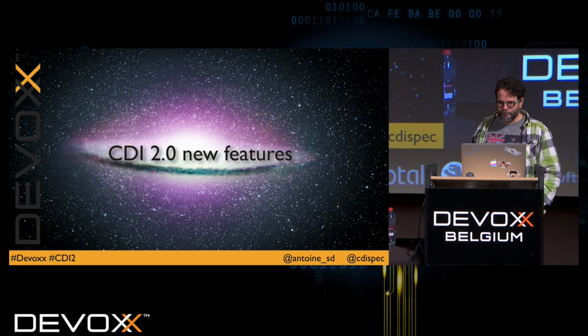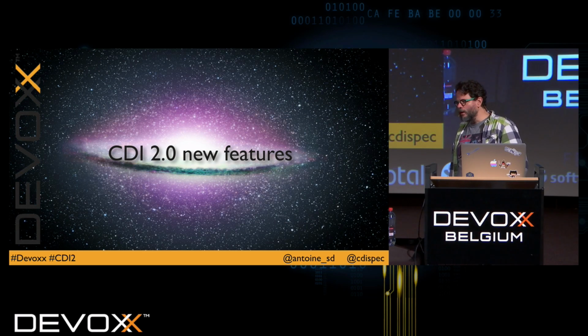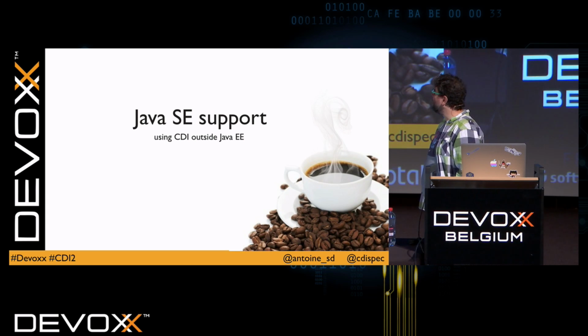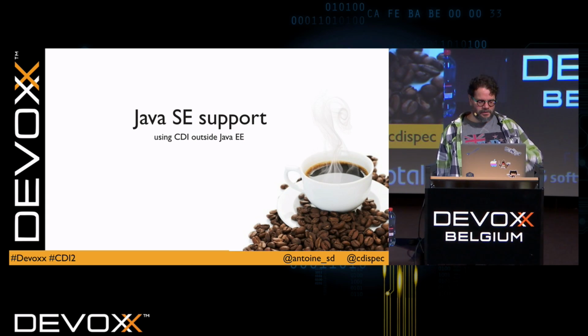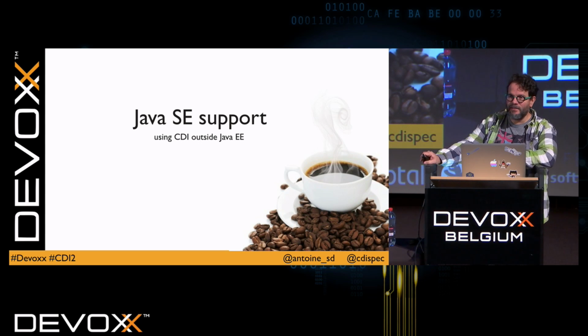Let's talk about the new features. So probably the most awaited or the most asked feature for CDI is the Java SE support. So until now, CDI is only working in a Java EE environment.